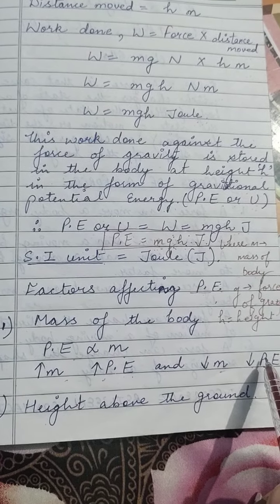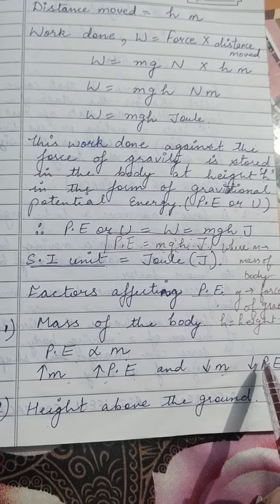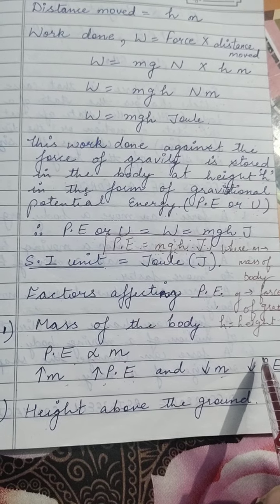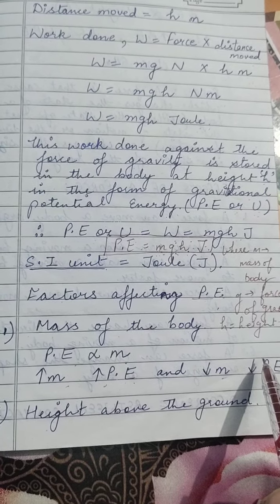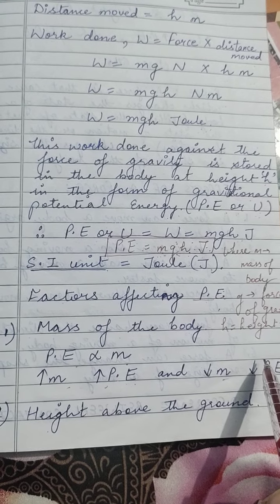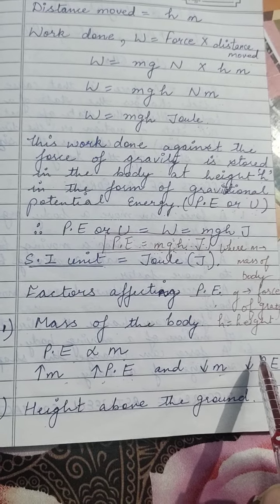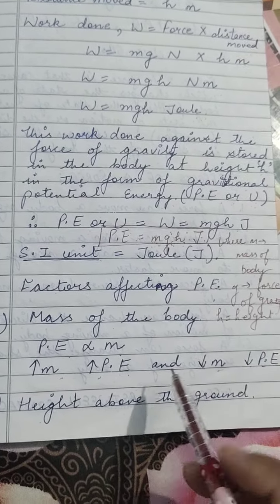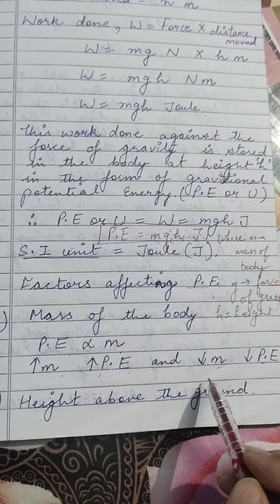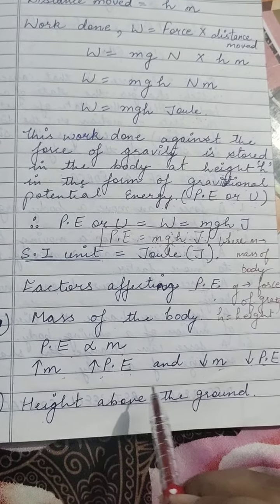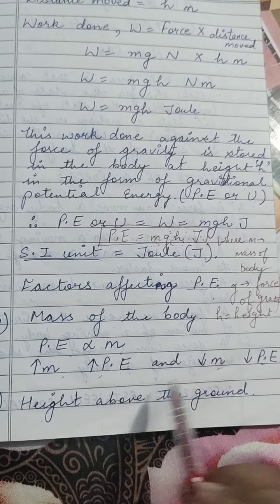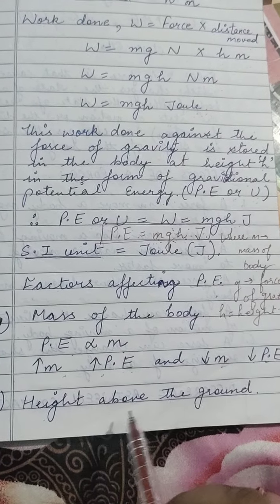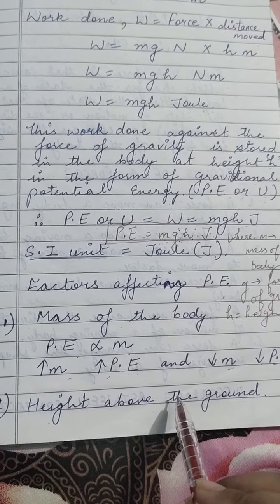For example, the potential energy of a bucket of water of mass 20 kg at the first floor of a house is double the potential energy of a bucket of water of mass 10 kg at the same floor. Here the distance is the same, first floor, and the mass is different. In the first case it is 20 kg and in the second case it is 10 kg. So more is the mass, more is the gravitational potential energy.